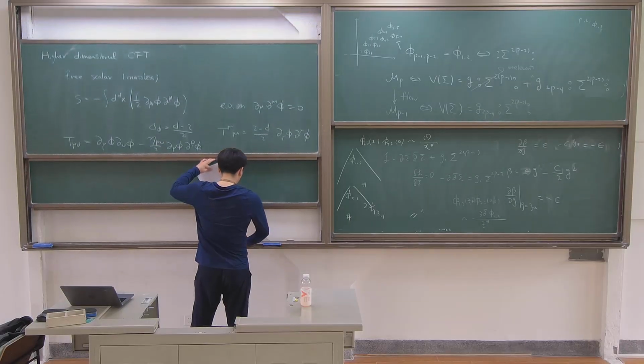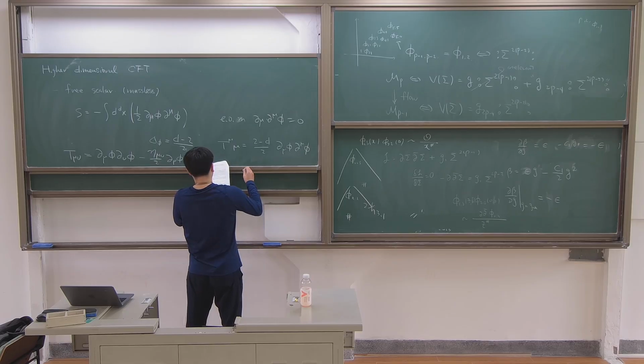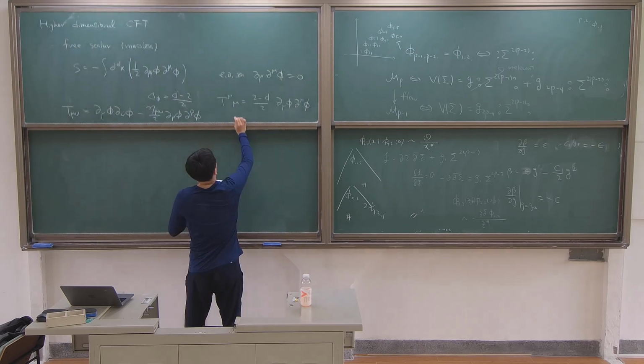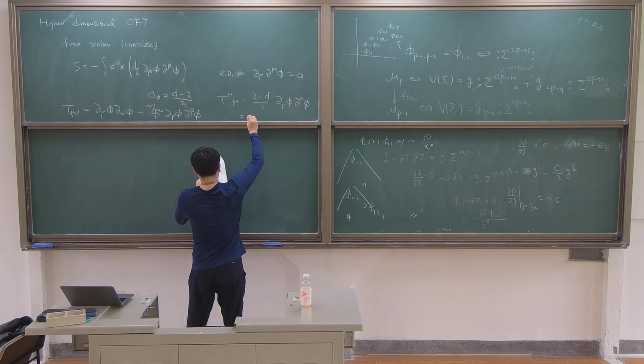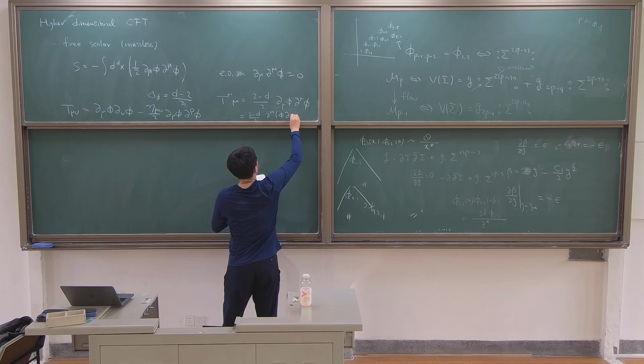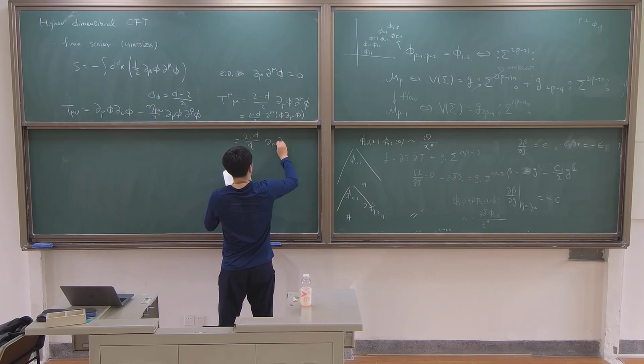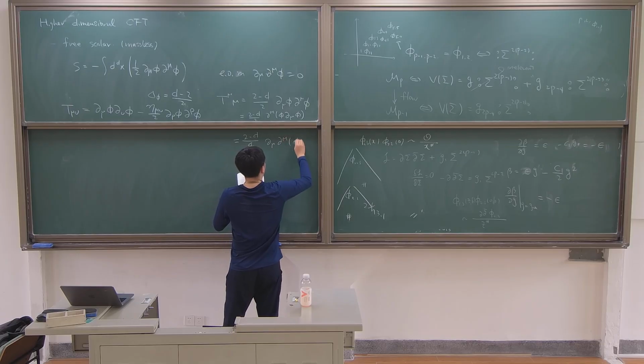But this doesn't necessarily mean that it's not a CFT. In fact, this can be written as follows. If you use the equation of motion, this can be written as (2 minus d) over 2 partial mu phi partial mu phi, and this is equal to (2 minus d) over 4 phi squared.